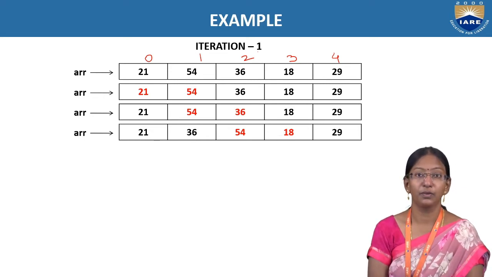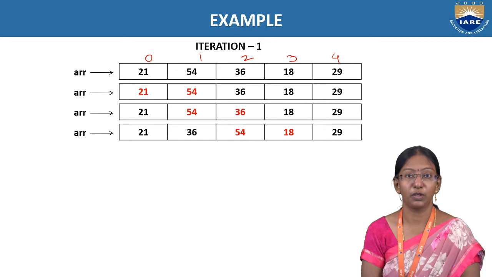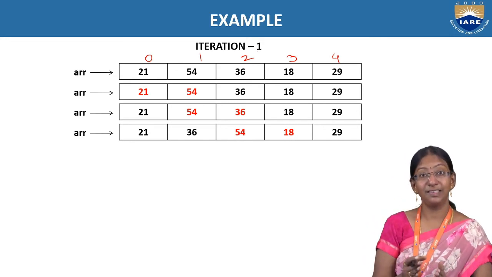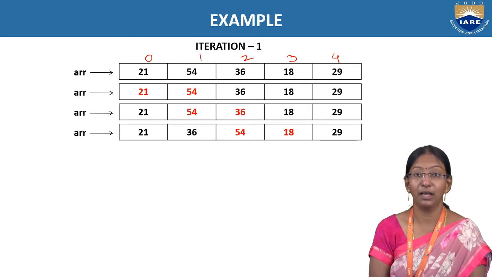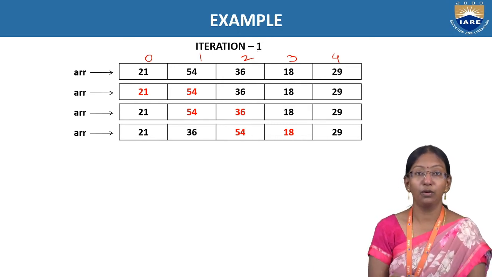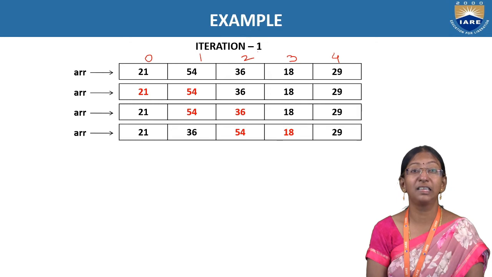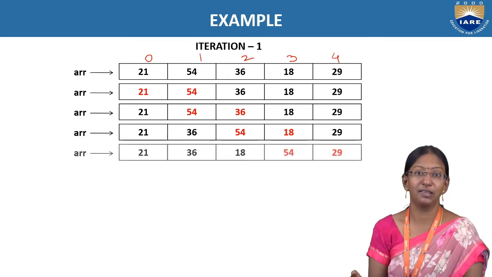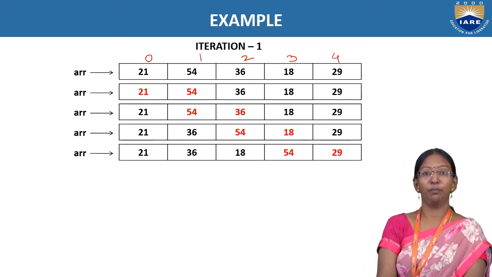Compare these two. Again, there is a mismatch. The element at index 2 must be lesser than the element at index 3, but the rule got violated because 54 is greater than 18. So swap these two elements. This is the resultant list you are going to get. Again, shift the pointers.